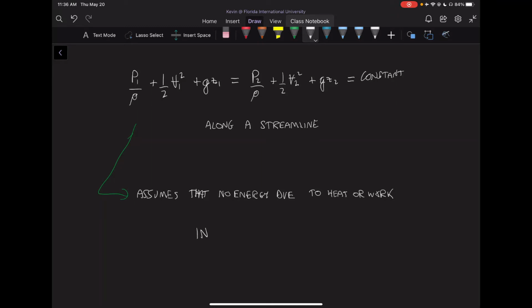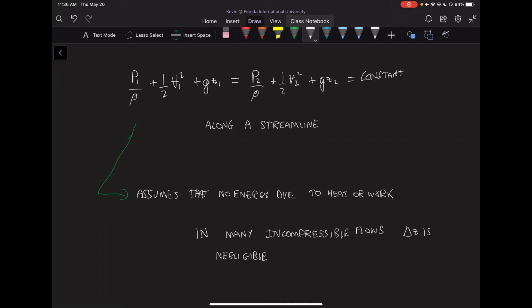Now, in many incompressible flows, and this is not in all, we can go even further. We can say that delta Z is negligible. This is not always the case, but delta Z is negligible in many incompressible flows, especially if the change in height is very small.